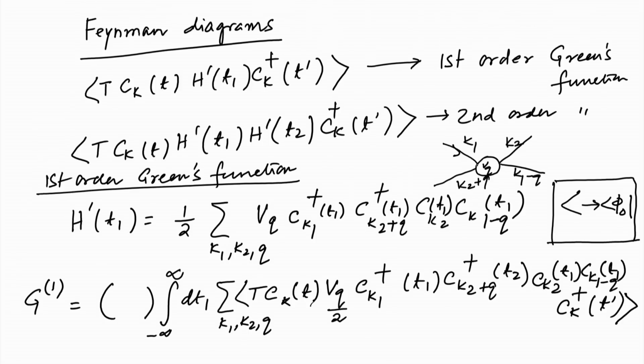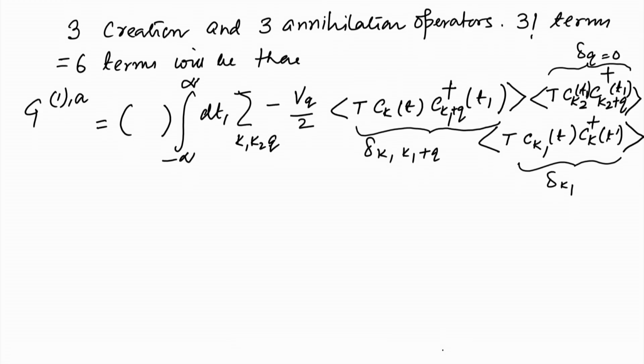So, the interaction vertex retains q. We have just simply redefined the momentum of the creation and annihilation operators, and in that case the first order Green's function looks like this.